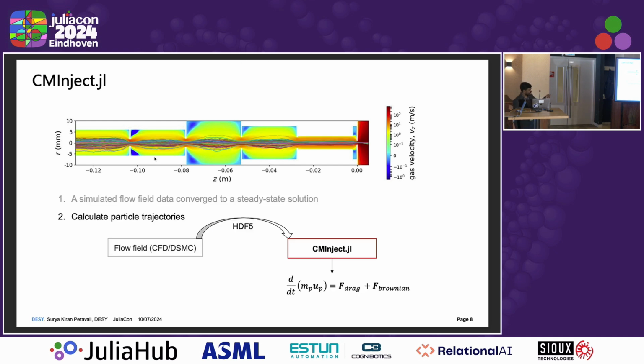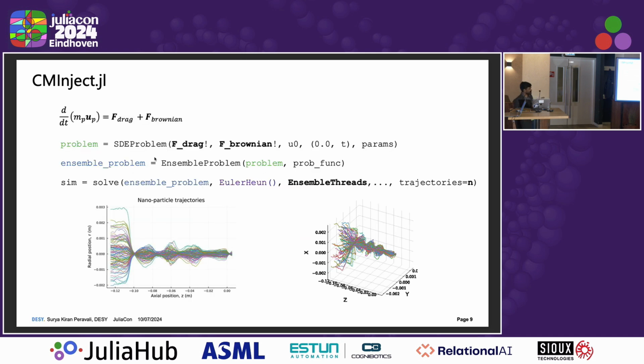Basically, what CMInject.jl does is interpolate the force fields from the fluid flow to the particles, and we solve a Langevin equation, combining drag and Brownian noise. This is basically a stochastic differential equation, which is very simple to implement in Julia.